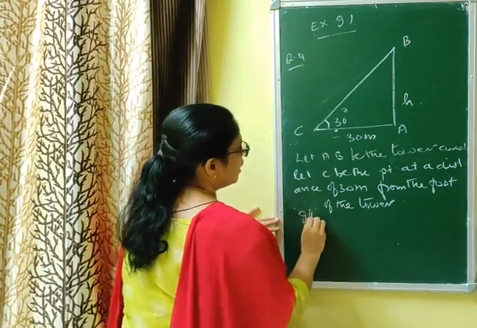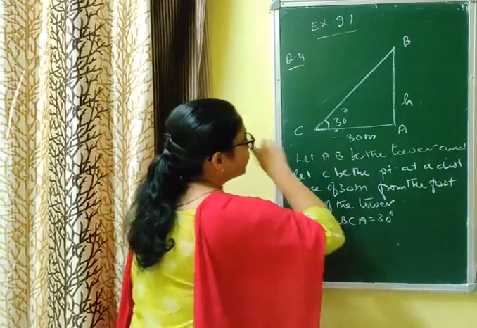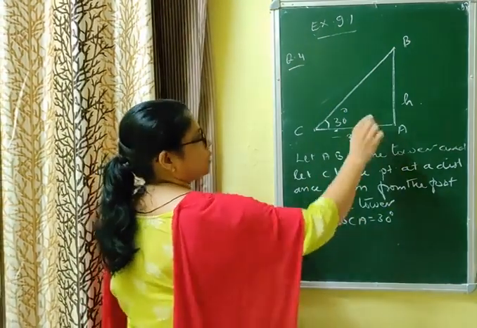Given that angle BCA is equal to 30 degree. Let the height of the tower be h.